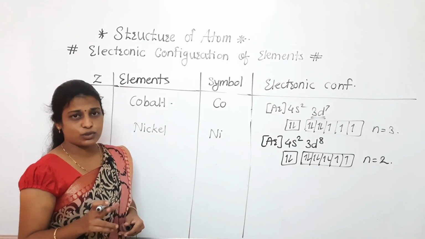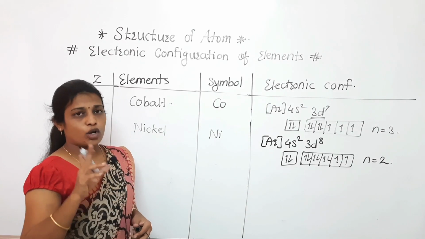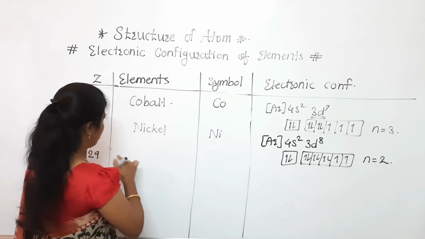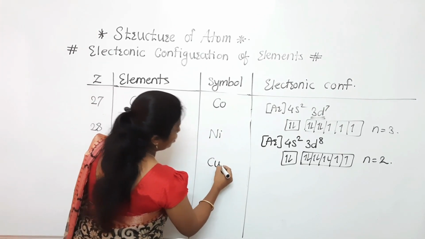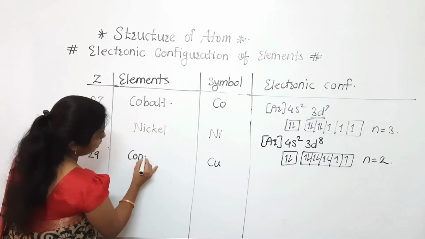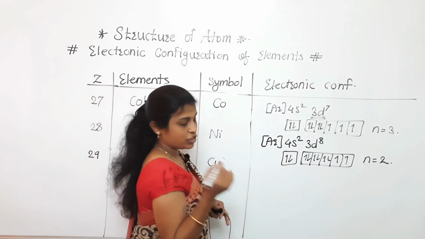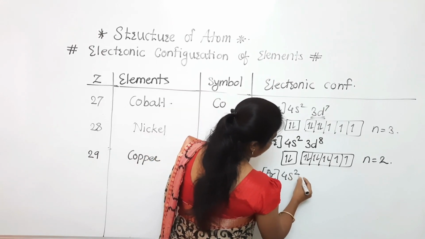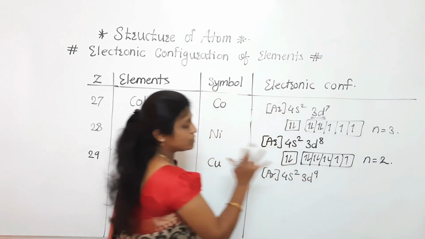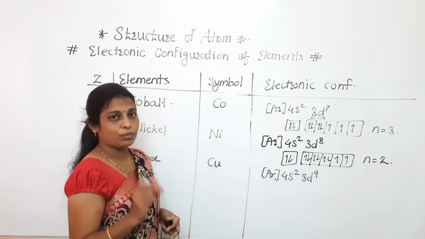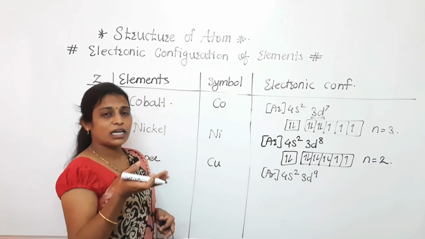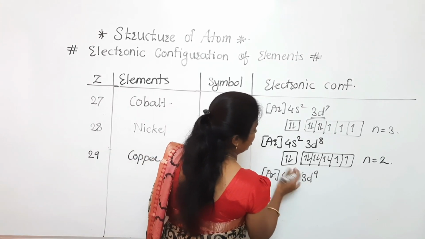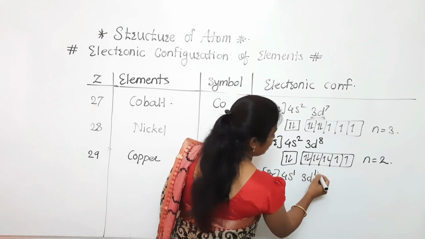Now next one is 29, which I already discussed with you, that is chromium and copper. These two have exceptional cases in the electronic configuration. So 29 is copper. For copper, the expected electronic configuration is argon 4s2 3d9. This is the expected configuration, but the actual, or observed, electronic configuration is different: 4s1 3d10.